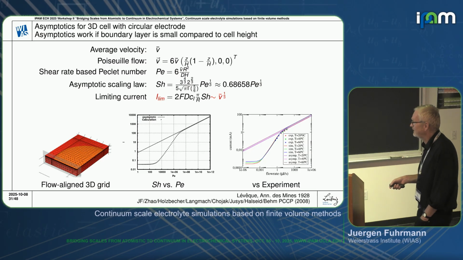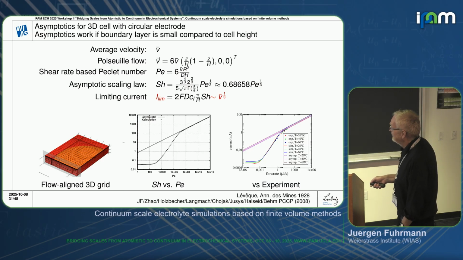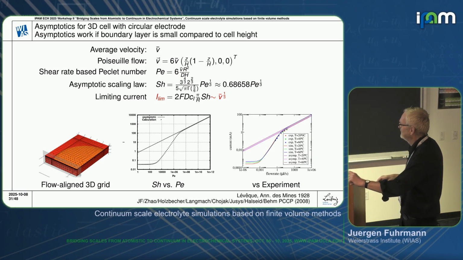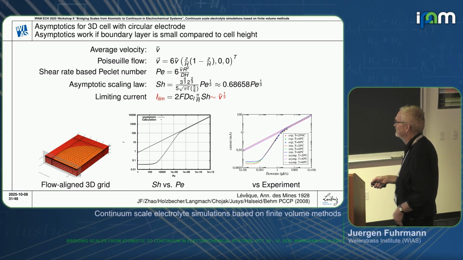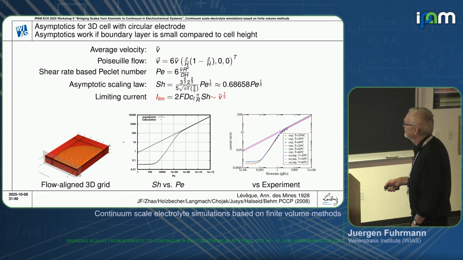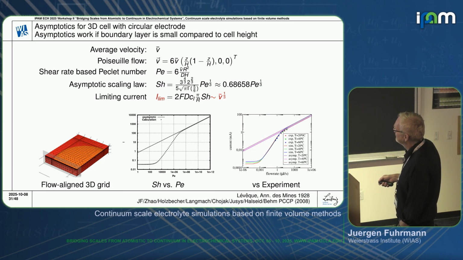This means that, in fact, the cell height correlates with the size of the hydrodynamic boundary layer. That was important when we tried to interpret these measurements: part of the measured values basically lie in the subasymptotic part.